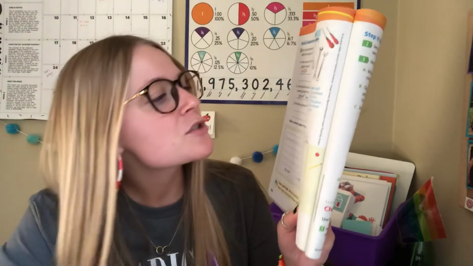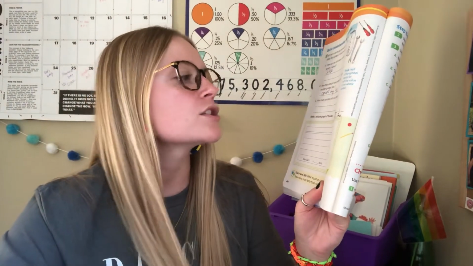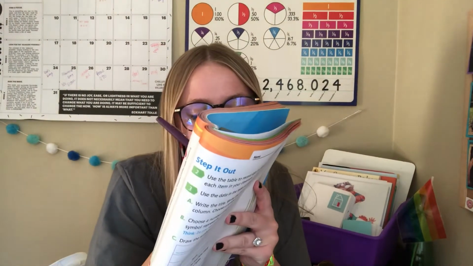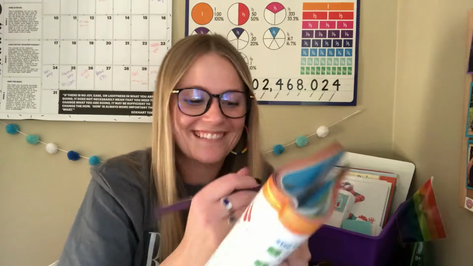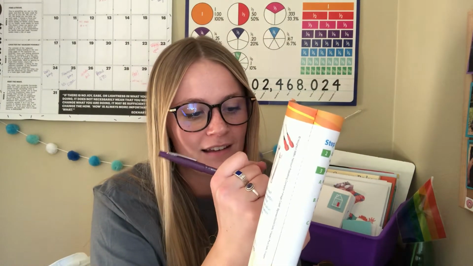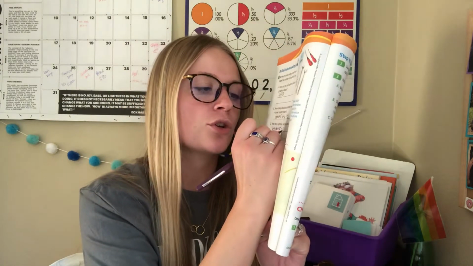Okay, how many symbols will you draw for each tool? So for the screwdriver, ow, my pen got stuck in my hair. Okay, for the screwdriver, 8 divided by 4 is 2, so we're going to use 2 symbols.